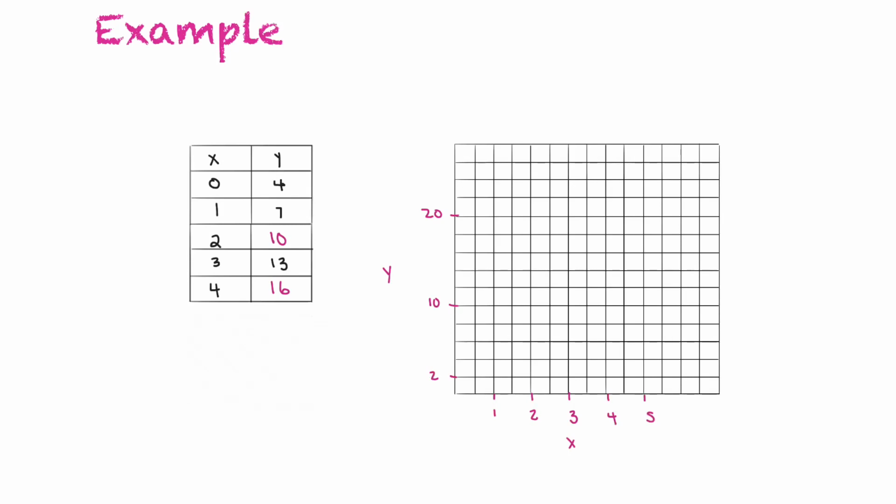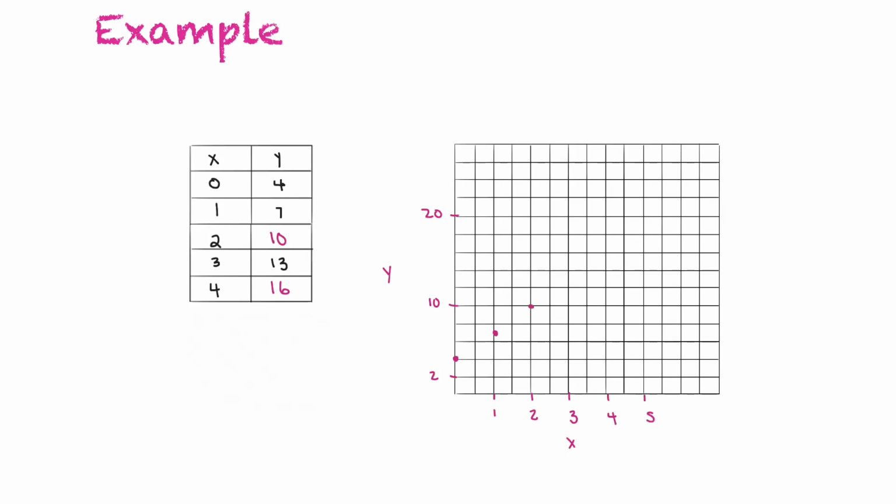So when x is 0, y is 4. So it's going to be right there. When x is 1, y was 7. So we've got 2, 4, 6. It's going to be about there. When x is equal to 2, y was 10. So that's going to be right there.